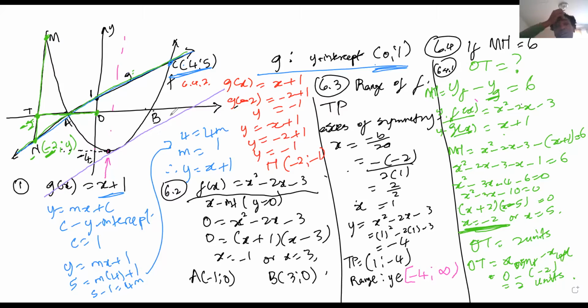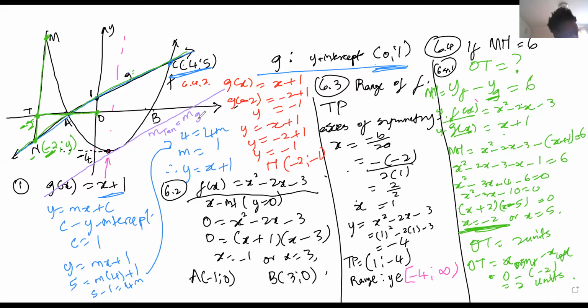And we said if lines are parallel, that means they will have the same gradient. So m of this tangent will be equal to the m of g because they are parallel. You just know that. So those m's are the same.